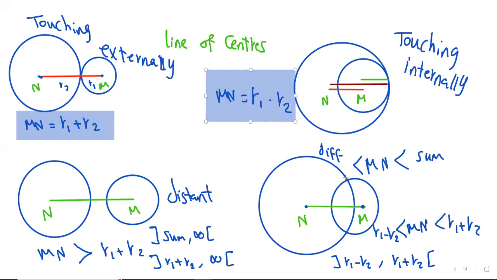And if the two circles are intersecting circles, MN, the line of centers, is greater than the difference and less than the sum. And if the two circles are distant circles, MN is greater than the sum.